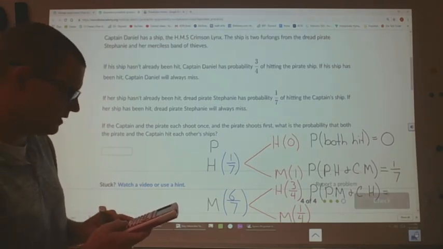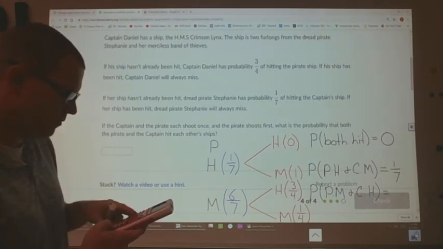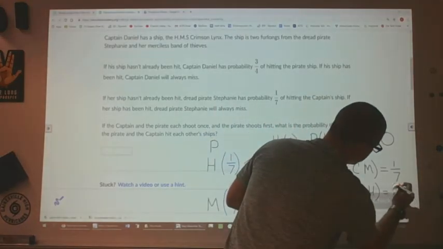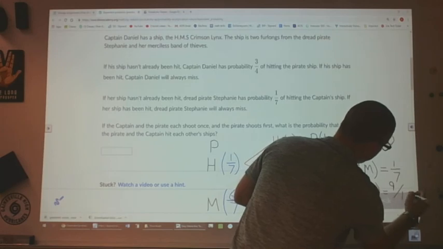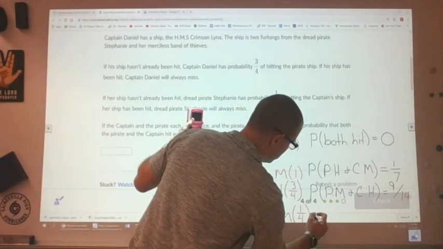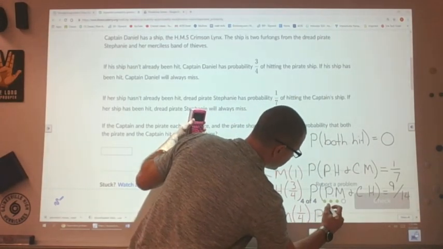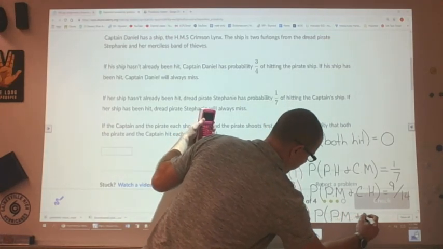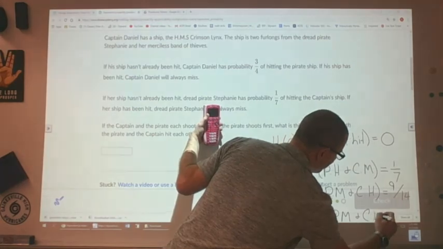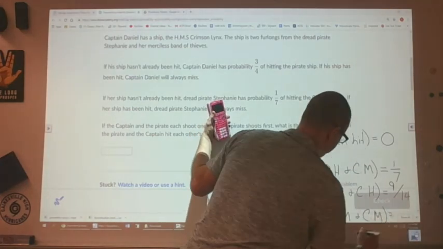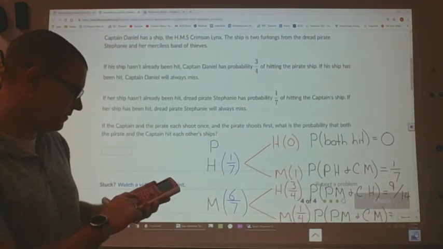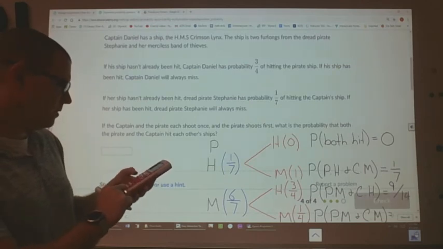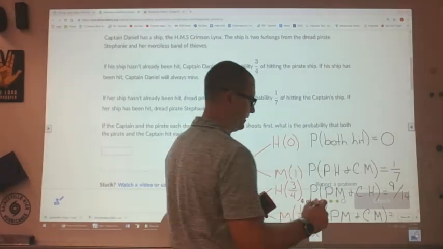So 6 out of 7 times 3/4 is 9/14 when we reduce. And then this one is the probability that the pirate misses and the captain misses. We can see that's 6 out of 7 times 1 out of 4, which is 3/14.